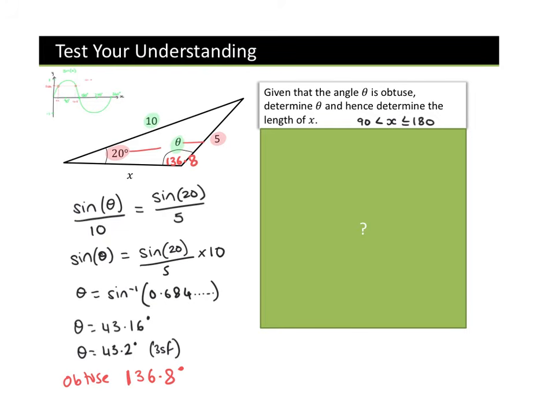I get 156.8, so this one is 180 minus 156.8, which is 23.2. Okay, 23.2. So now that I've got this angle, I can use the sine rule again to work out my length of x.